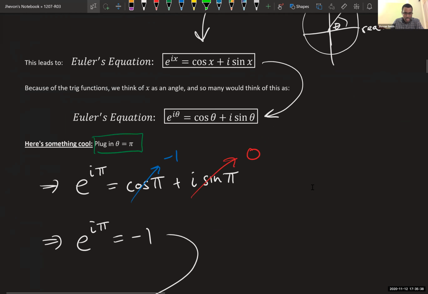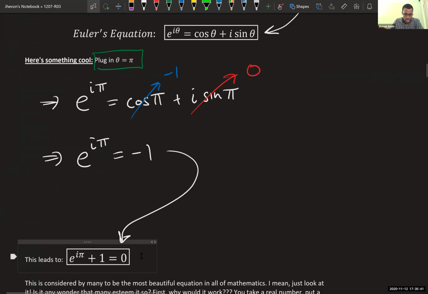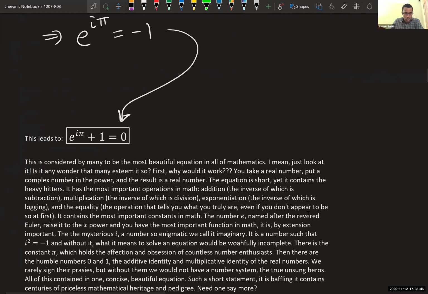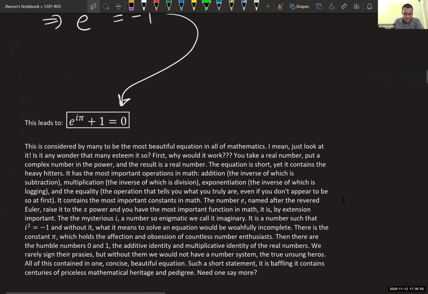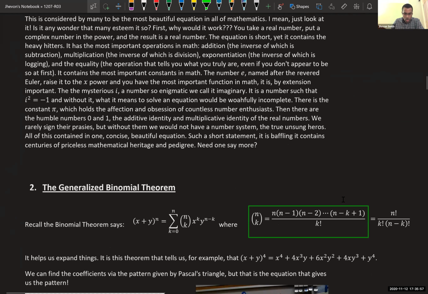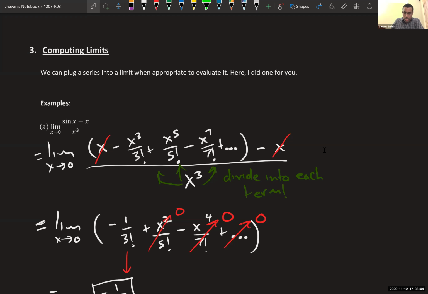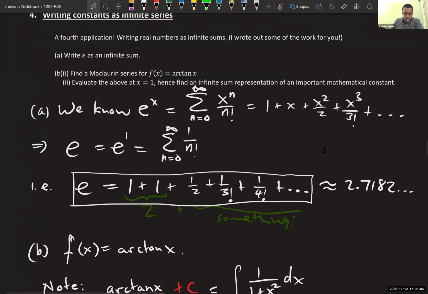But I thought I'd show you something cool to show you that it generates this equation, which a lot of people believe is the most beautiful equation in all of mathematics. It includes all the important constants and operations in mathematics. And it's really cool that these came together like this. We skipped over that, but we spoke about just replacing certain functions with their series version and how that can help us with limits.